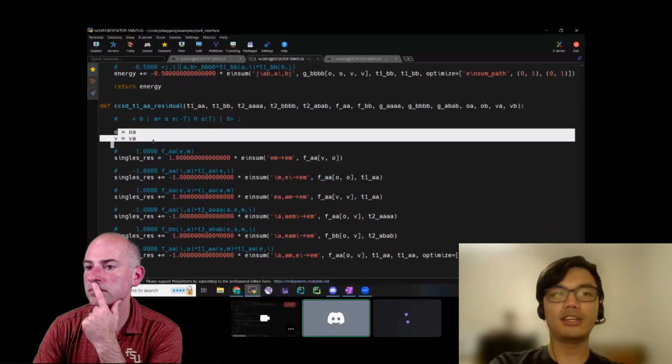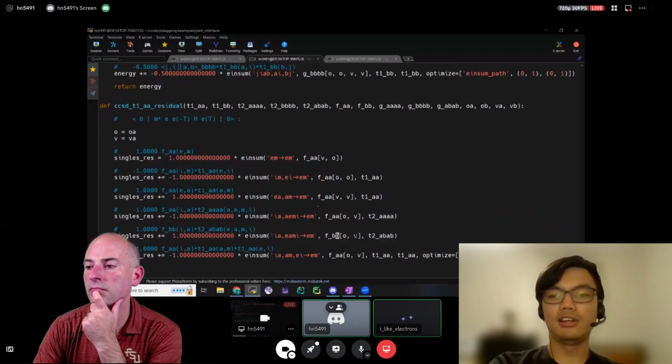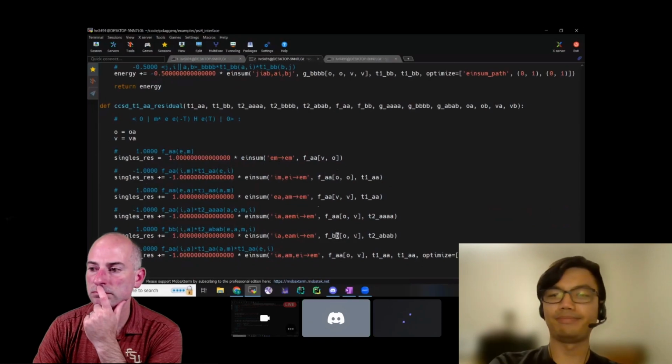So right now everything is defined in terms of the alpha slices. But that's dangerous. For example, in this case, we will have BB, which is going to take the OA and VA, right?